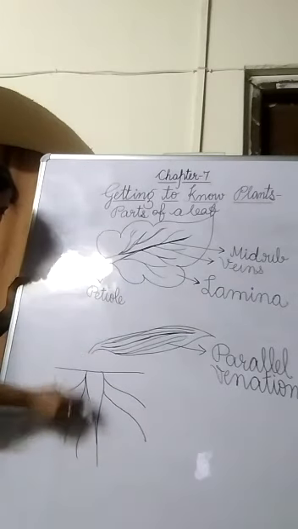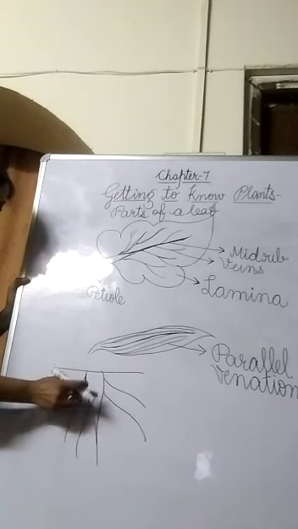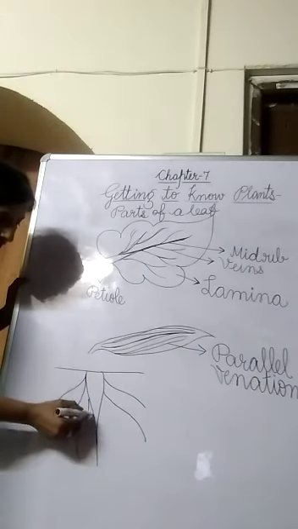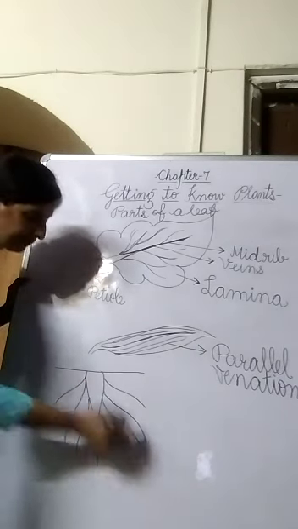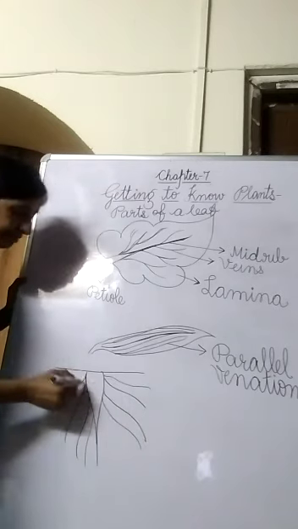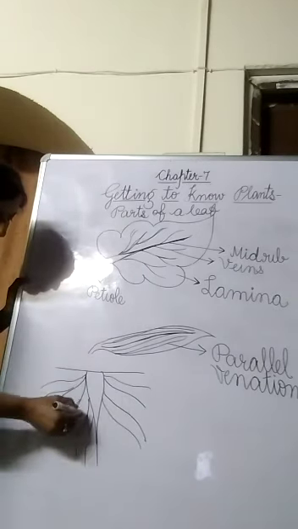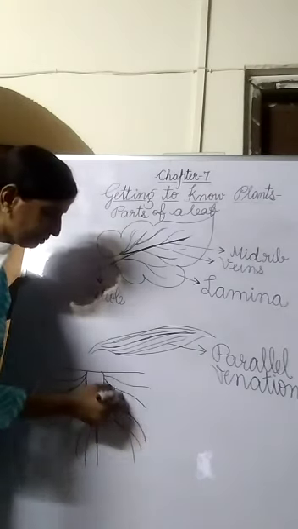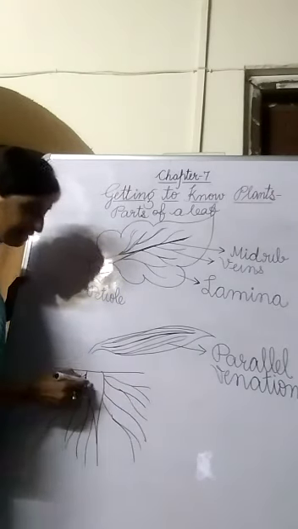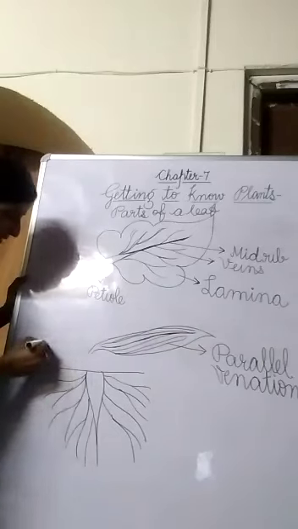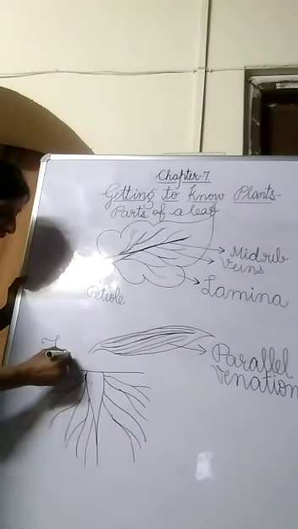This is the main root, the main central thick root, and these are the branches. They are lateral in their origin, so they are called lateral roots. This is the main root, and this type of root is called taproot.